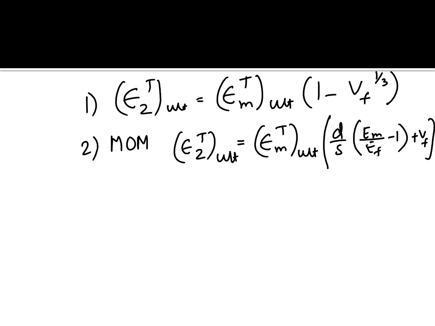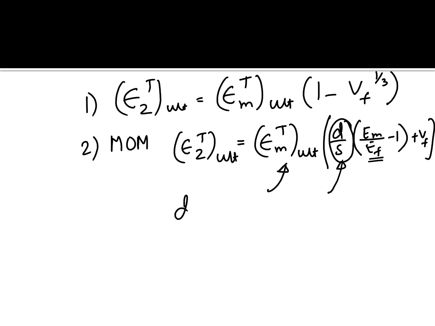This is the ultimate tensile strain which the matrix can take. D by S is the diameter of the fibers to the center spacing ratio, and this one is the ratio of the matrix to fiber Young's moduli.